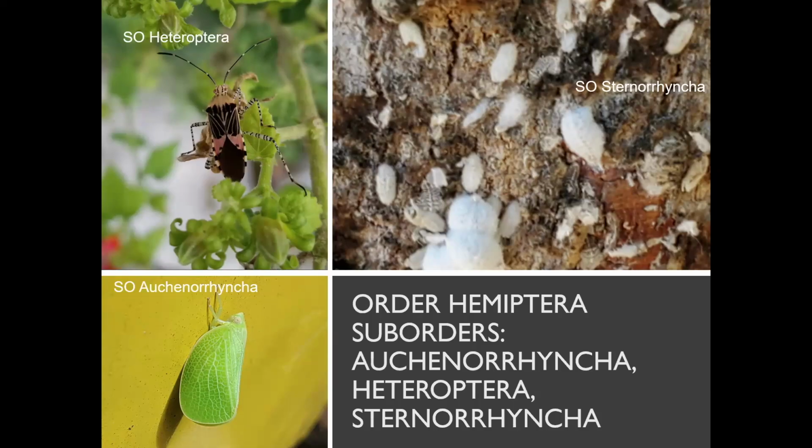To the bottom picture, the left-hand side there, that is the suborder Auchenorrhyncha. Those are going to be our hoppers. So leaf hoppers, plant hoppers, tree hoppers, frog hoppers, spittlebugs are in there. And we also have our cicadas.